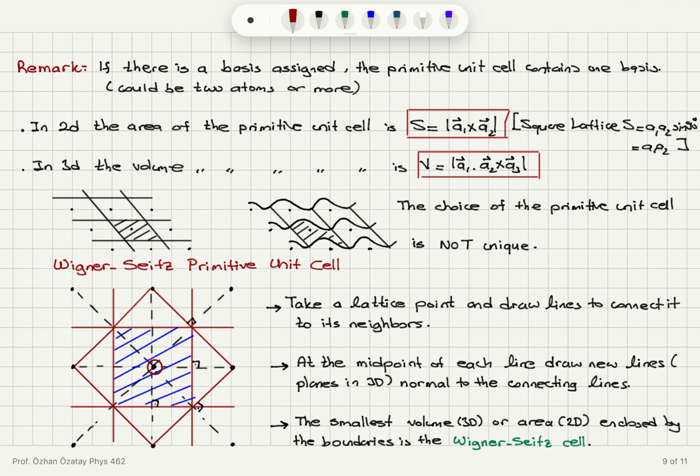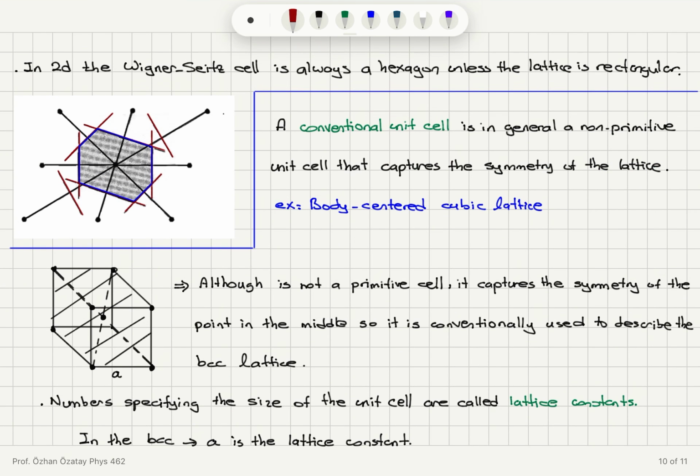That is the Wigner-Seitz primitive unit cell. It is found by connecting a center atom to all of its nearest neighbors, drawing perpendicular lines at the midpoints of each connecting line, and finding the smallest area in 2D or smallest volume in 3D enclosed by these boundaries. That would be our Wigner-Seitz cell.